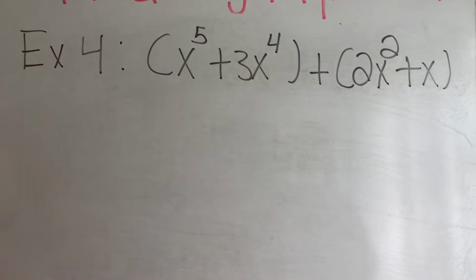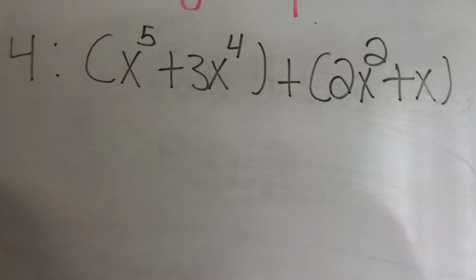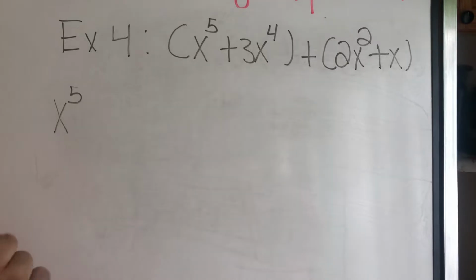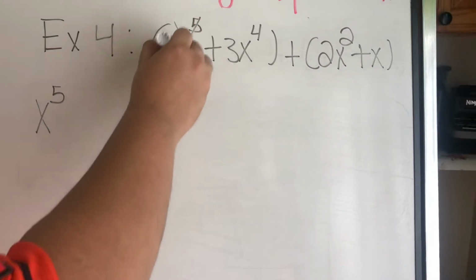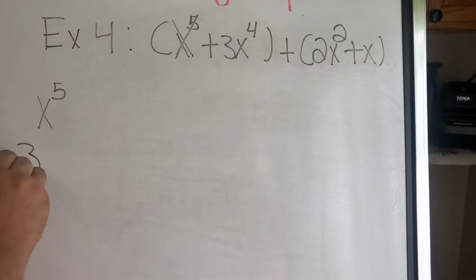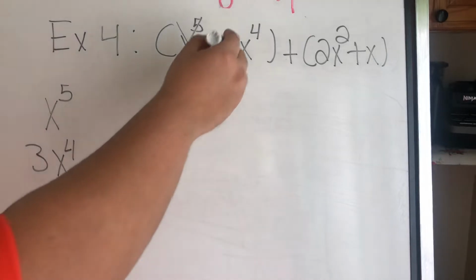So let's begin. Highest exponent, x to the power of 5. Is that the only one? Yes, it is. So I'm just going to write x to the power of 5. And now let's go to the next highest exponent, 4. So all I have, that's my only one. So 3x to the power of 4. And then we're done with this one.